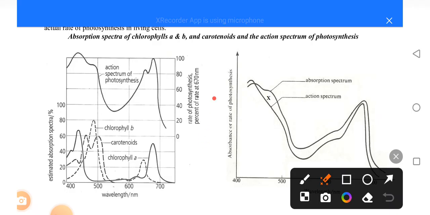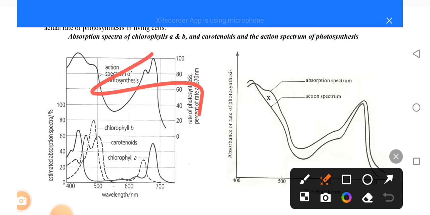On this side we have the rate of photosynthesis as percent of rate at 670 nanometers. The action spectrum of photosynthesis is represented by this line.